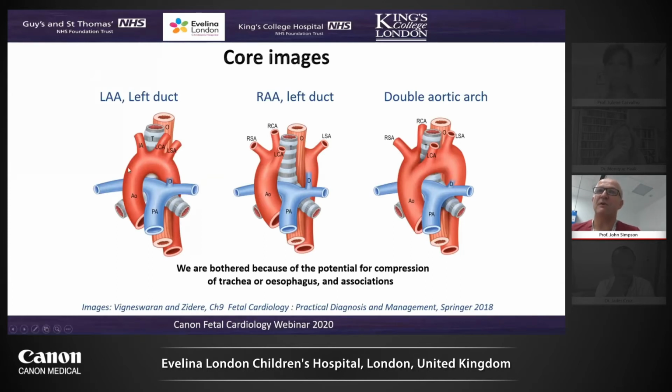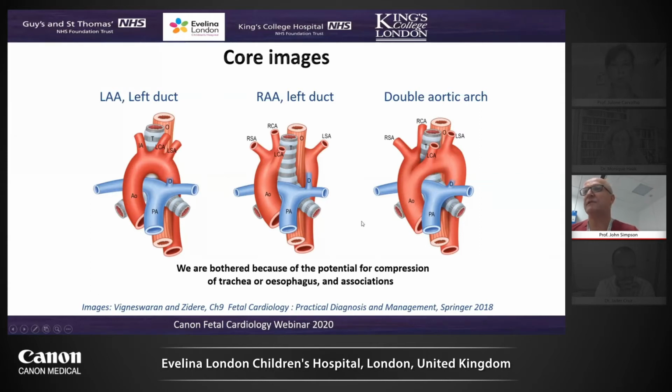First, we have the normal left arch and left duct, which you'll be familiar with. The next group is the right aortic arch, so passing to the right of the trachea, with a left-sided arterial duct. Very frequently, there will be an aberrant left subclavian artery. And you can see the net effect is that there is a ring encircling both the esophagus and the trachea.